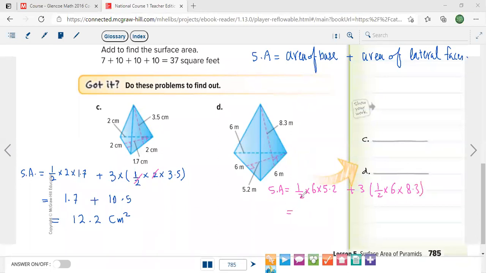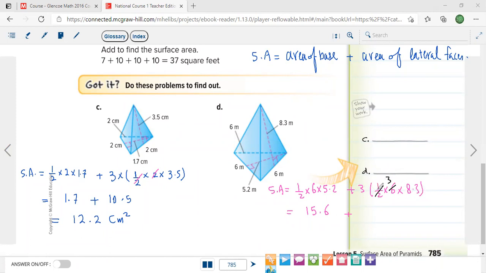So now what is half of 6? Half of 6 is 3. 3 times 5.2 is 15.6, plus half of 6, which is 3. So 3 by 3, 9.